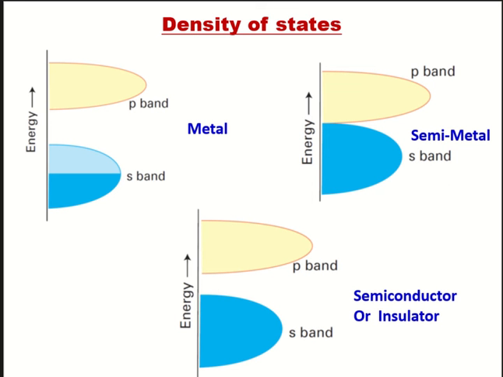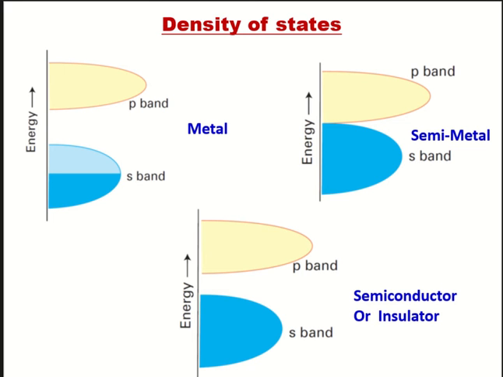So if you look at the density of states now for metals, this is the S band, this is the P band. On the y-axis we can plot energy, and on the x-axis you have density of states, E plus dE. So for a three-dimensional crystal, you will obtain this parabolic kind of shape, then another one for the p orbital.